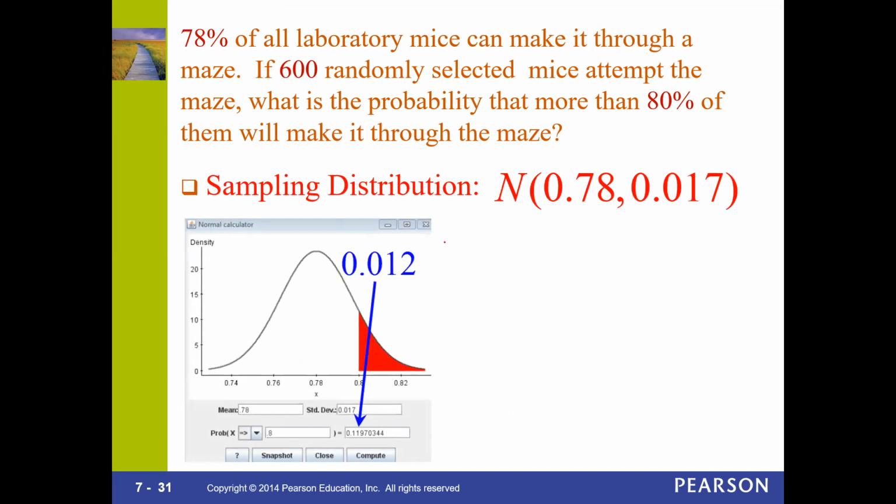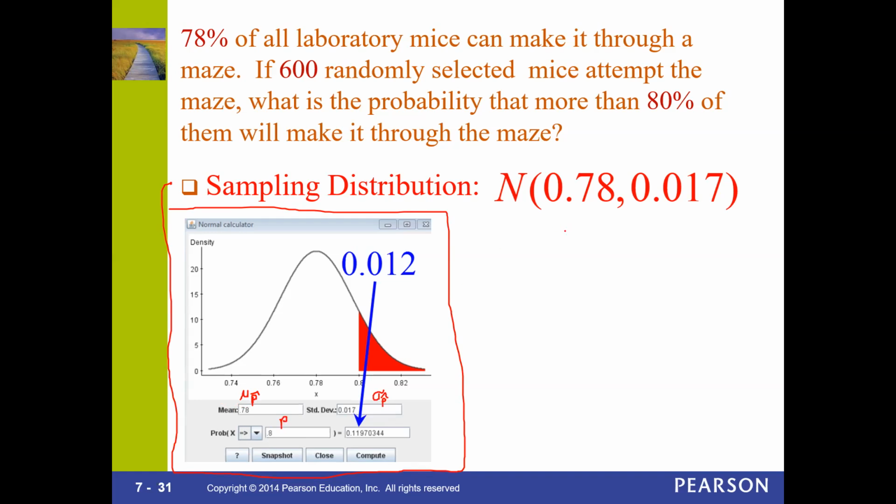If you're using StatDisk or StatCrunch, whatever it is, you're going to put it in the calculator, and we already taught you last time how to use StatCrunch. So in that case, you're going to put the mean, this is mu P hat, and this one will be sigma P hat. And over there, you're going to put P, right?